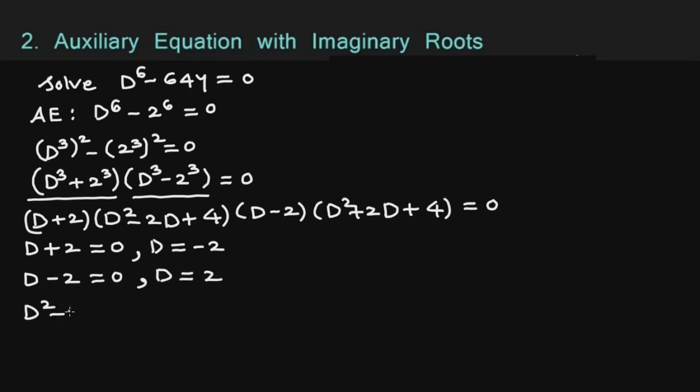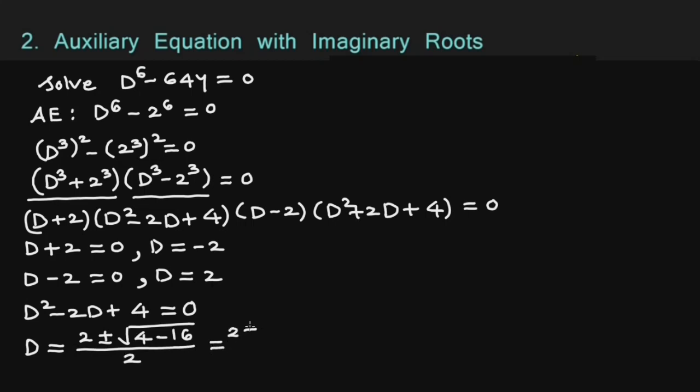d square minus 2d plus 4 equals 0 is a quadratic equation, so by the quadratic formula method, d is minus b, which is minus of minus 2, plus or minus the square root of b square, that is 4, minus 4ac, 4 into 4, 16, upon 2a, that is 2.